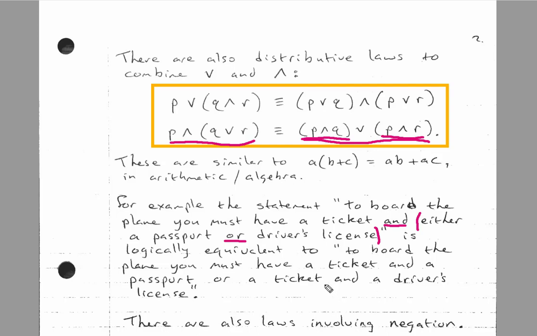Okay, so I hope you can see that, yeah, these are really saying the same thing. Okay, yeah, so there's only two ways to get on the plane. So you have to have a ticket, and then you can either have a passport or a driver's license.